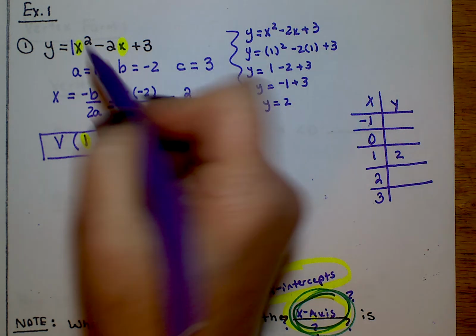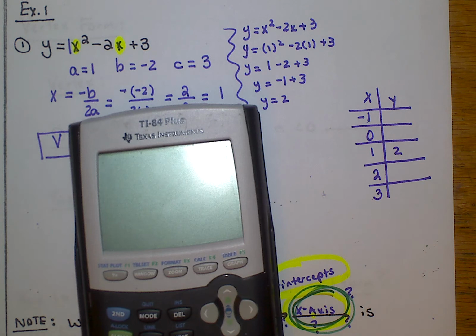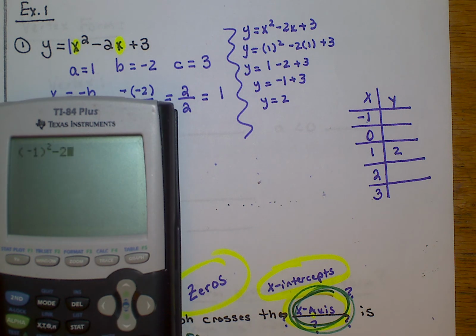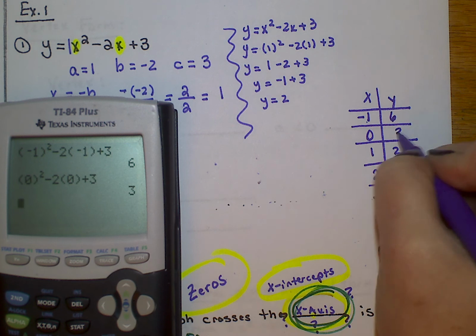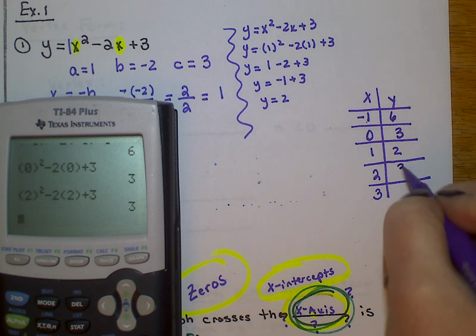Now, when you put those numbers in, you would put those in place of x, so you could make substitutions for that. So I would put in a -1 to the second minus a 2 times a -1, and then I would add 3, and I get 6. 0 to the second minus 2 times 0 plus 3 would give me 3. 2 to the second minus 2 times 2 plus 3 is going to give me 3.